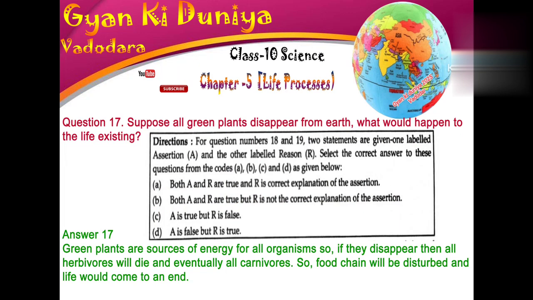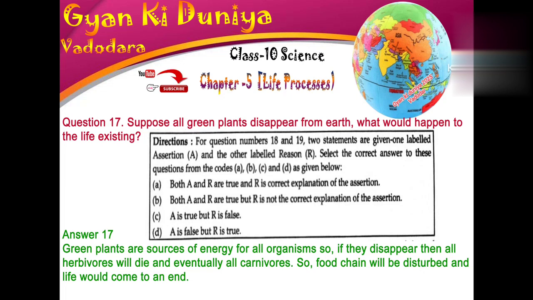Directions. For questions numbers 18 and 19, two statements are given, one labelled assertion A and the other labelled reason R. Select the correct answer to these questions from the codes A, B, C and D as given below.